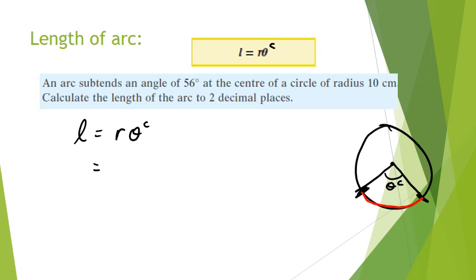What's our radius? 10. Now we need to convert this to radians. So we have 56 degrees. How do we convert it to radians again? Very good. Then we put all that in the calculator and we get our answer. Does 18 go into 56? No, it doesn't.